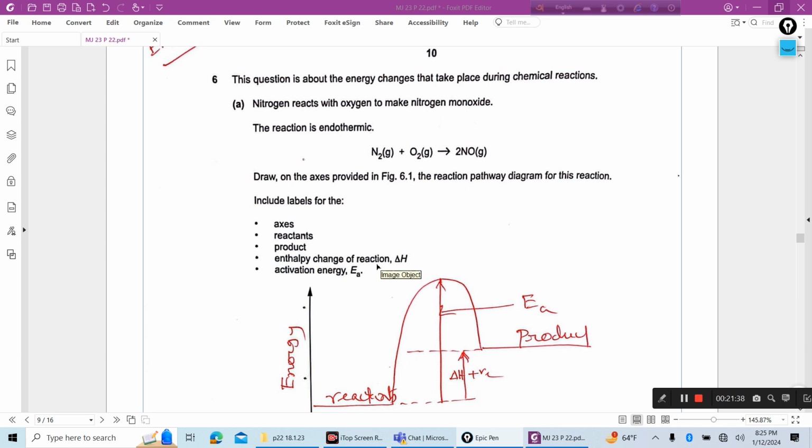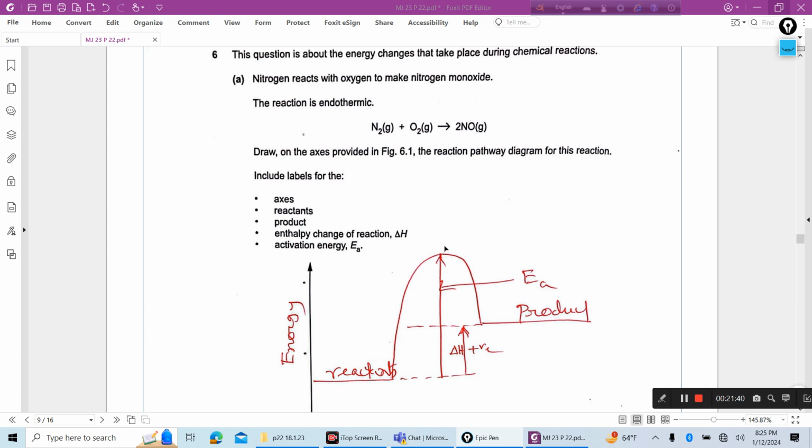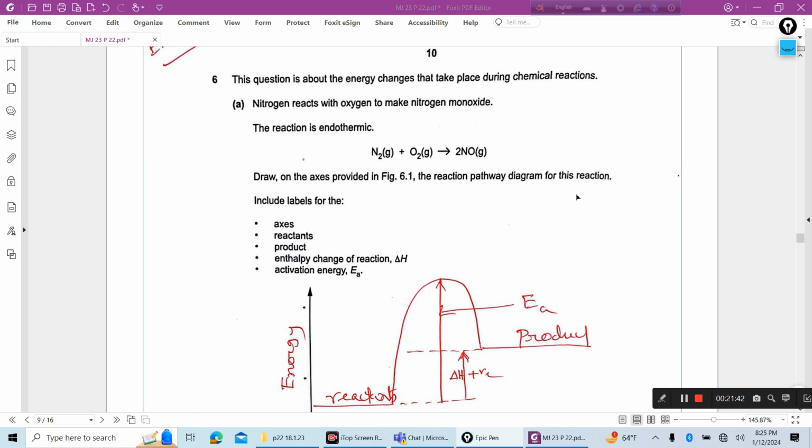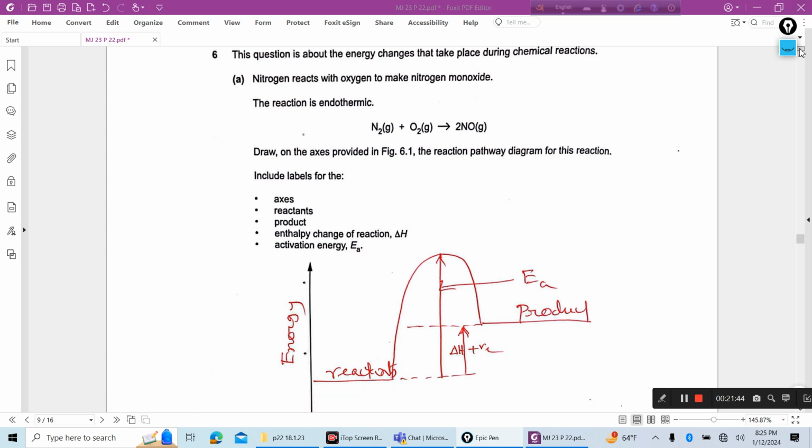Next, come to question 6. This reaction is an endothermic reaction, as given in the question. Nitrogen reacts with oxygen to form nitrogen(II) oxide. Draw on the axis provided the reaction pathway diagram for this reaction.